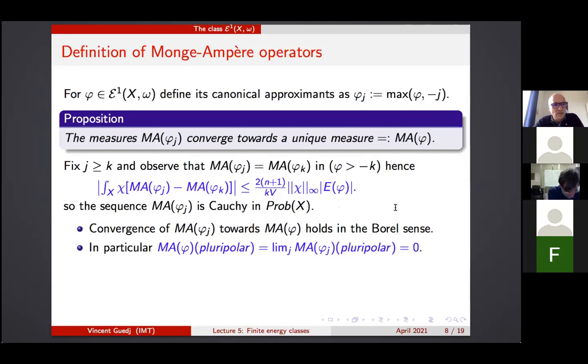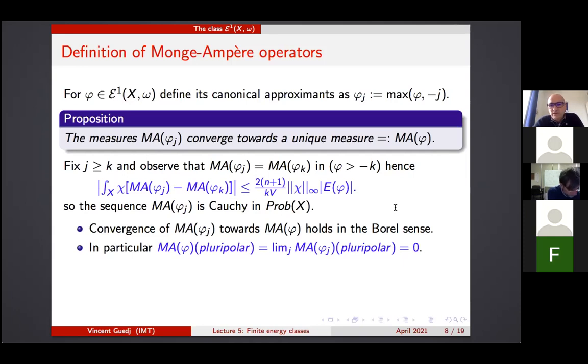So this is something I was planning to discuss last Thursday, but I was lacking time. A pluripolar set is a set which is locally included in the minus infinity locus of a plurisubharmonic function. And it is a simple consequence of the Chern-Levine-Nirenberg inequalities that the Monge-Ampère of bounded functions vanish on pluripolar sets.